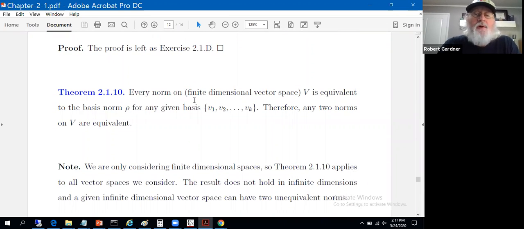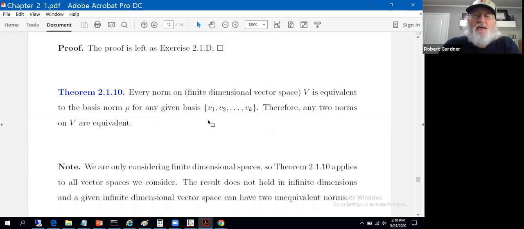Every norm on a finite dimensional vector space. Okay, I'm going to keep my eye out, when we go through the proof of this, for where we're using that finite dimensional stuff. Every norm on a finite dimensional vector space V is equivalent to a basis norm for some basis. By the transitivity we just mentioned, that means any two norms on a finite dimensional vector space are equivalent.